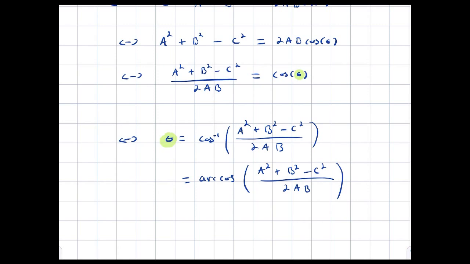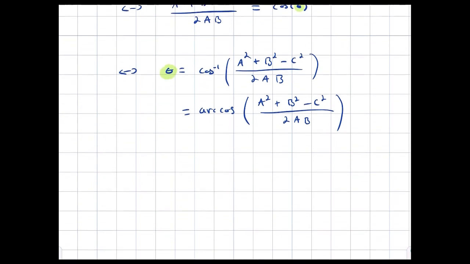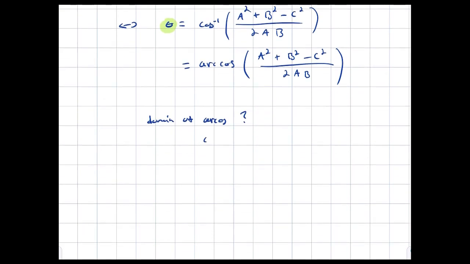And the last thing I want to leave you with, a little thing to think about: what is the domain of the arc cos function, or the cos inverse function?